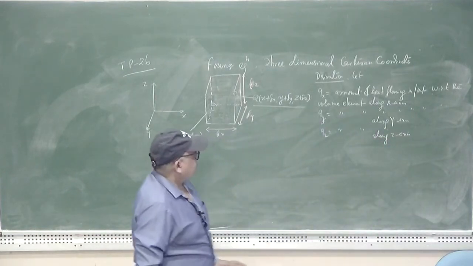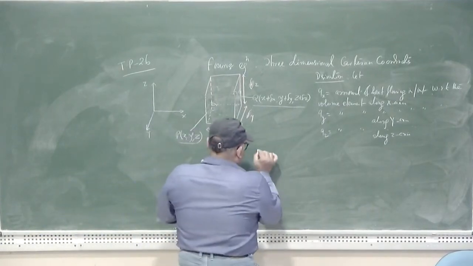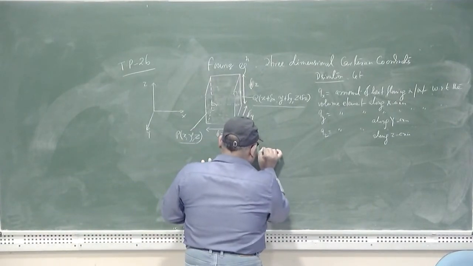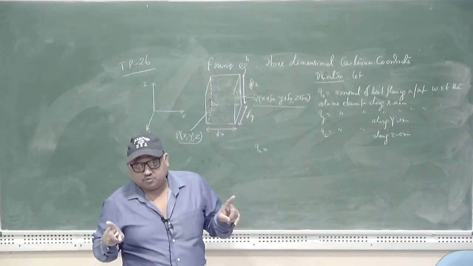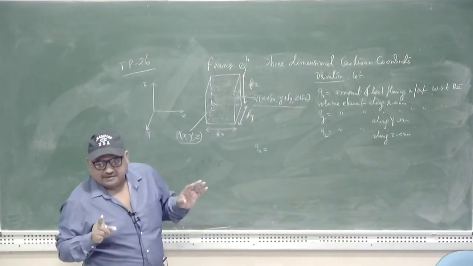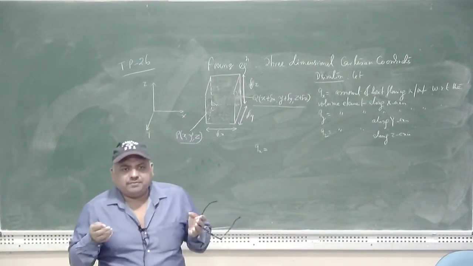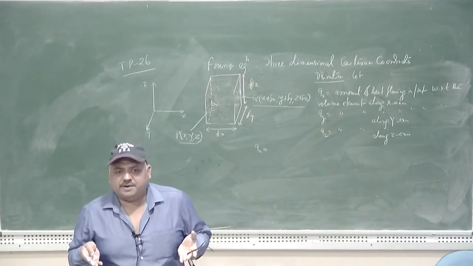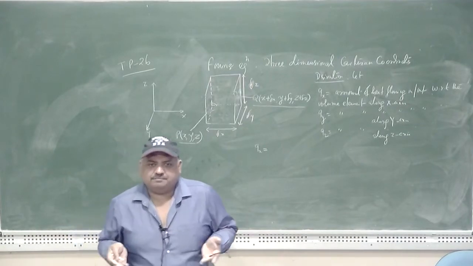So how can Qx be written? Qx can be written by applying the Fourier heat conduction equation in 1 dimension. Prior to that, let us assume that the thermal conductivity of the material from which this volume element has been made is not isotropic in nature.